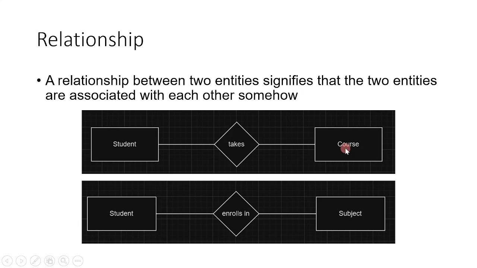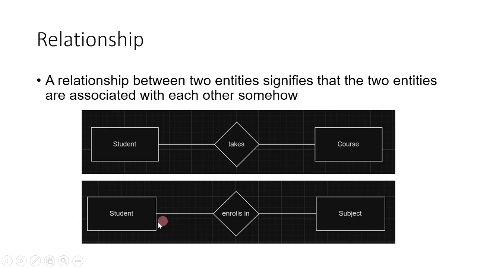Okay, in other countries they call it program. Okay, here in the Philippines we call it course. Okay, then that is the relationship from student to course. Okay, student takes course, or the other way around, course is taken by student. Okay, so this is the relationship that exists between student and course entities.